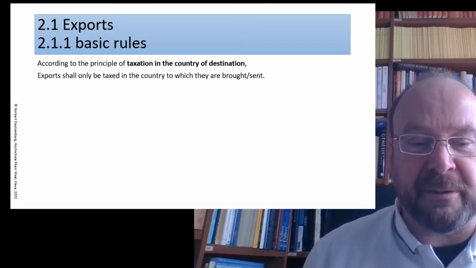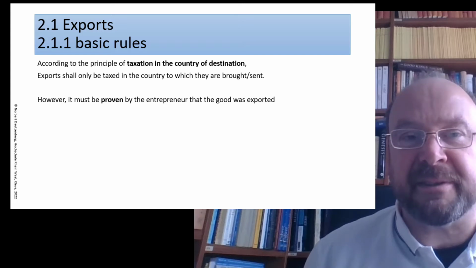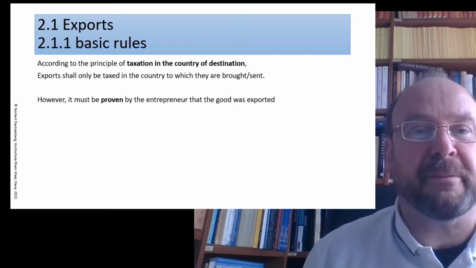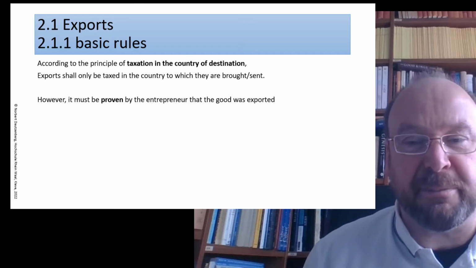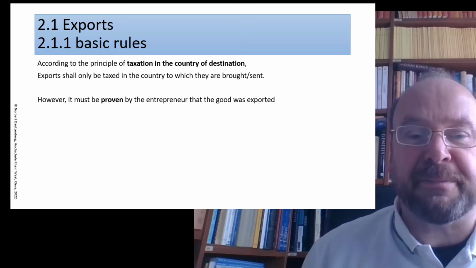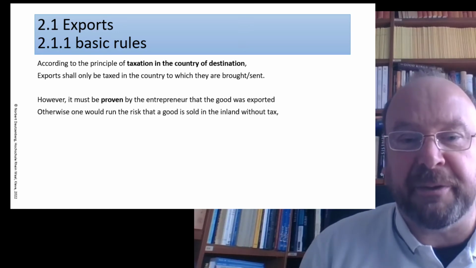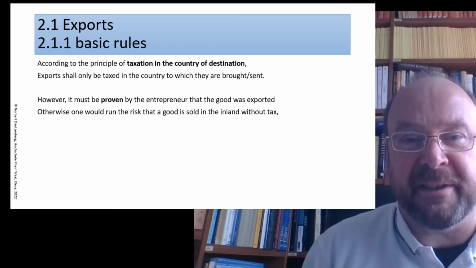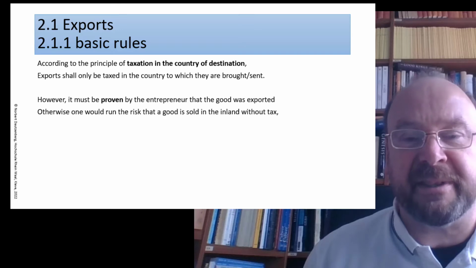And the answer is, well, if you allow a tax-free export, you must ask for proofs by the entrepreneur that the good was really and actually exported. If you don't ask for proofs for exports, then it's easily possible that you can sell a good without tax in the inland and then tell the fiscal authorities it was exported and is therefore free of tax.